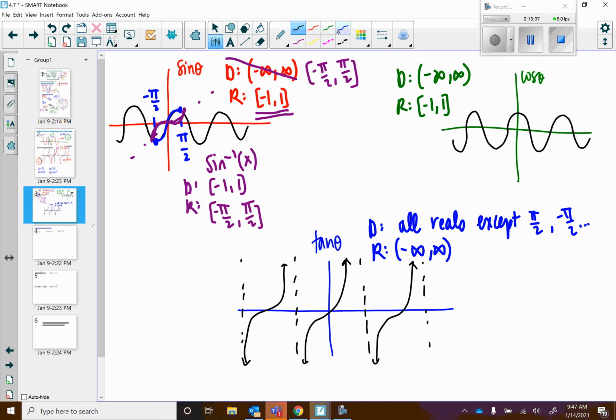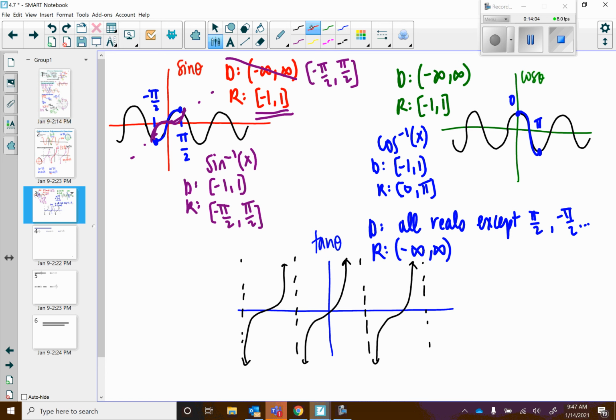For cosine, it's the exact same idea, except instead of from -pi over 2 to +pi over 2, we restrict the domain from 0 to pi, which means for cosine inverse, the domain, again, is the range of the original, so -1 to 1, and the range would be from 0 to pi.